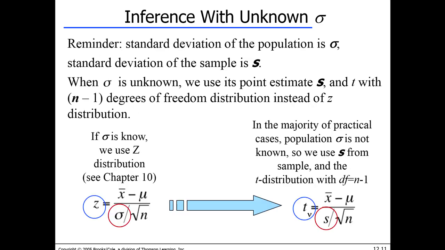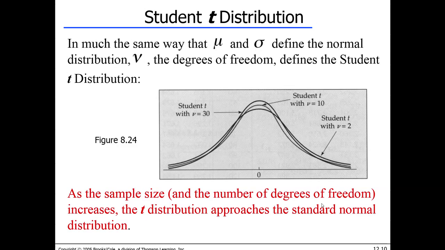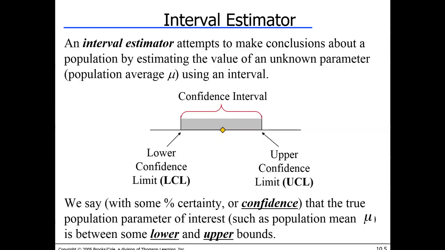The value t in this formula essentially gives you how many standard deviations you have to go up from x bar, the sample mean, or down from x bar, in order to calculate these two values, the lower confidence limit and the upper confidence limit.